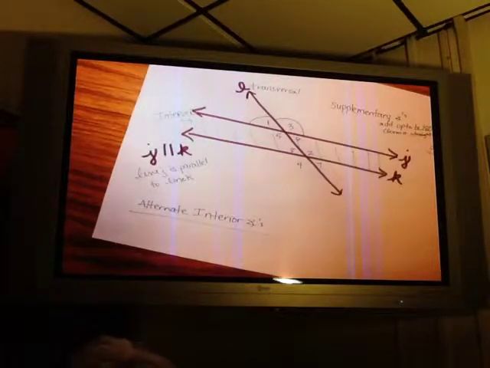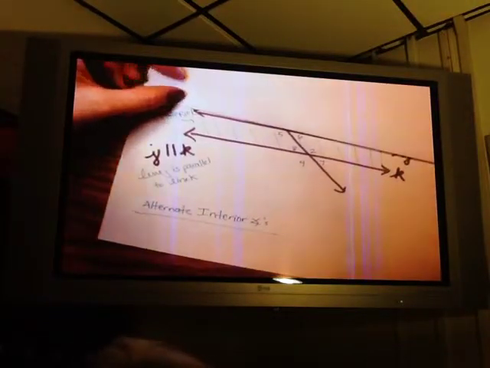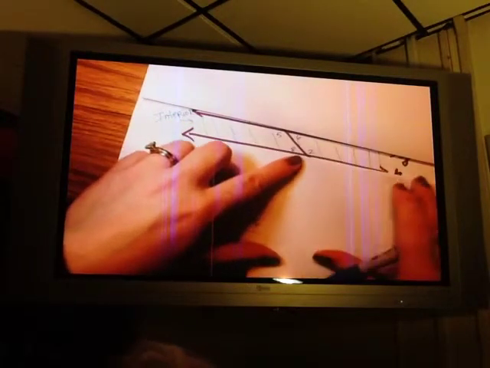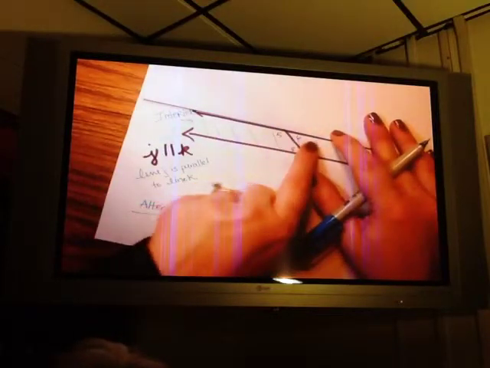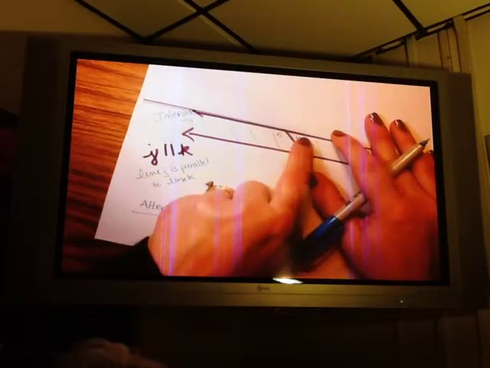So let me cover up this extra stuff so that it's easier to talk about. If you're talking about alternate interior angles, you need to find 2 angles inside that have the same measurement, because they need to be equal. If you look at angle 5 and angle 6, are 5 and 6 the same size?